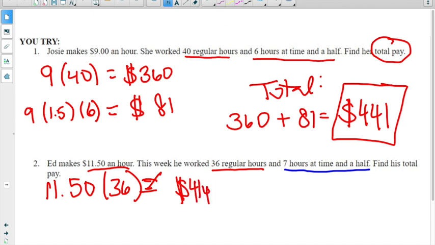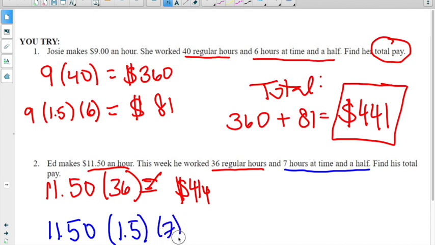Okay. And then now with overtime, I'm going to switch to blue. We have 7 hours of overtime. $11.50 is his regular rate, and he earns time and a half for overtime. 7 hours of overtime, when we multiply those three numbers together, $11.50 times 1.5 times 7, we will get $120.75.